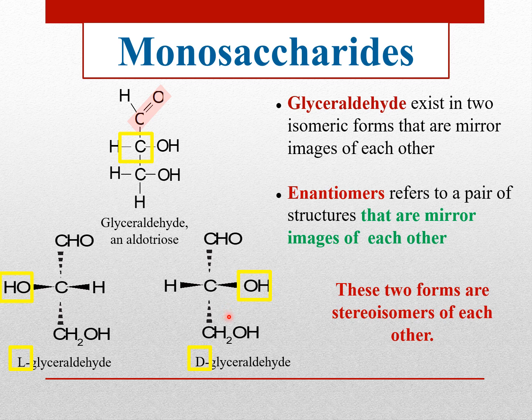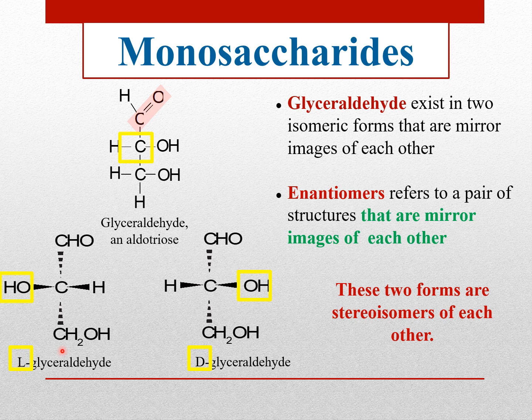They only differ in the orientation of the OH. The OH facing towards the right is referred to as D, while the isomer which has the OH toward the left is referred to as the L isomer.